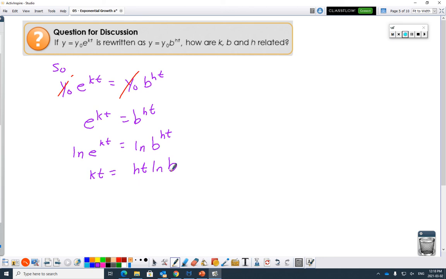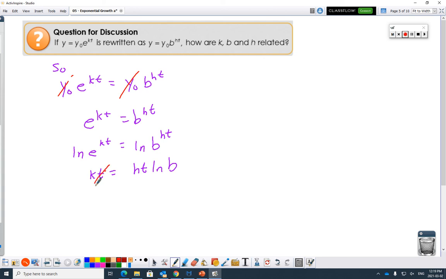I can use log laws on the other side now, and my hint is I'm going to switch over to my red pen. What do you see? K over here. No K's over there. T over here. ht ln b.